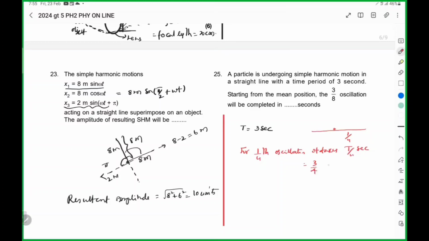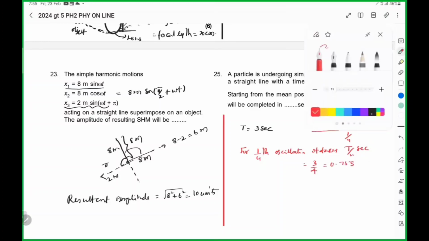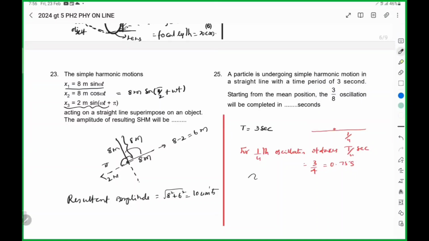That is 3 by 4, 0.75 seconds. But it makes 3 by 8 oscillation. 3 by 8 minus 1/4, so it is 1 by 8 oscillation still left over.